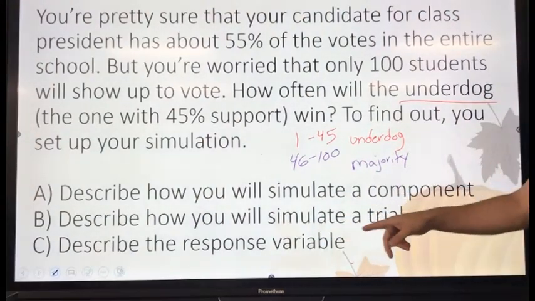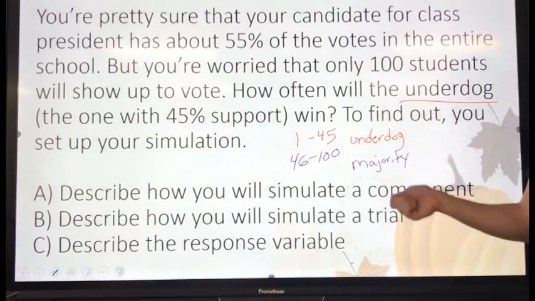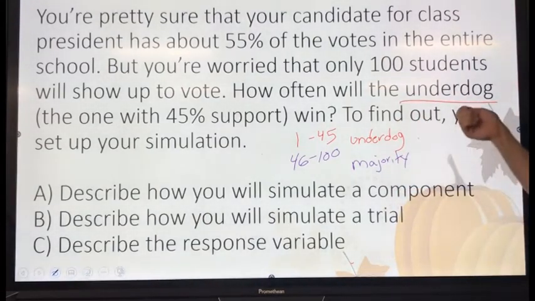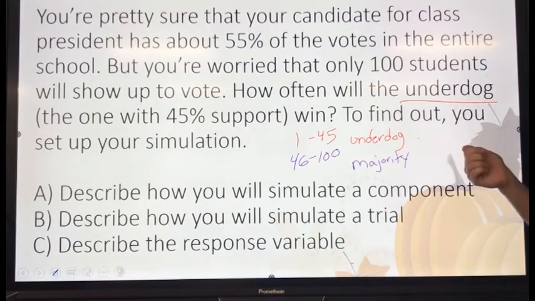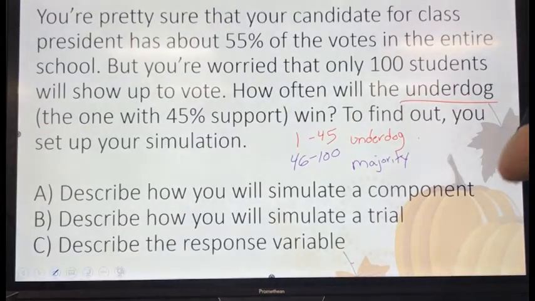Describe the response variable. How will we decide who wins that round, that one particular trial? So we're making tallies. 1, 1, 1, 1. How do you figure out who wins? Who has what? The most votes. How many votes does it take to have the majority? 51. Very good.